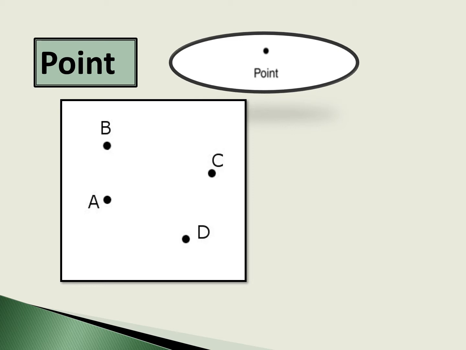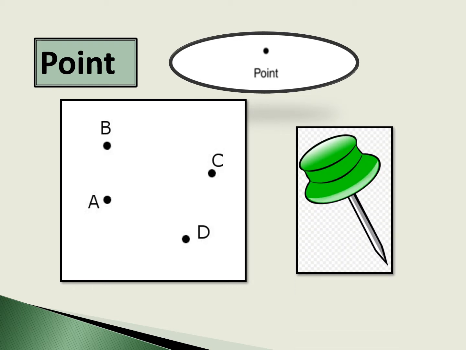Over here we have 4 points, point A, point B, point C, and point D. The tip of a pin can be taken as a physical model of a point. In reality, a point in geometry is even smaller than the tip of a pin.